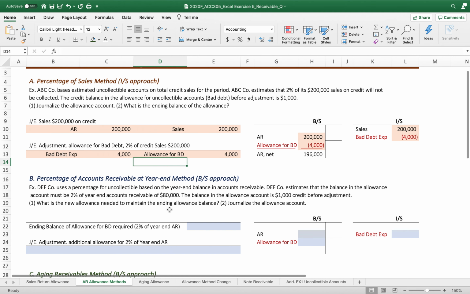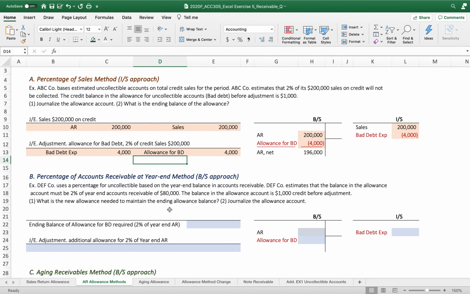What about the percentage of accounts receivable? Now we have a different approach. We set up the allowance for bad debt, the allowance for uncollectible accounts, from the balance sheet information.